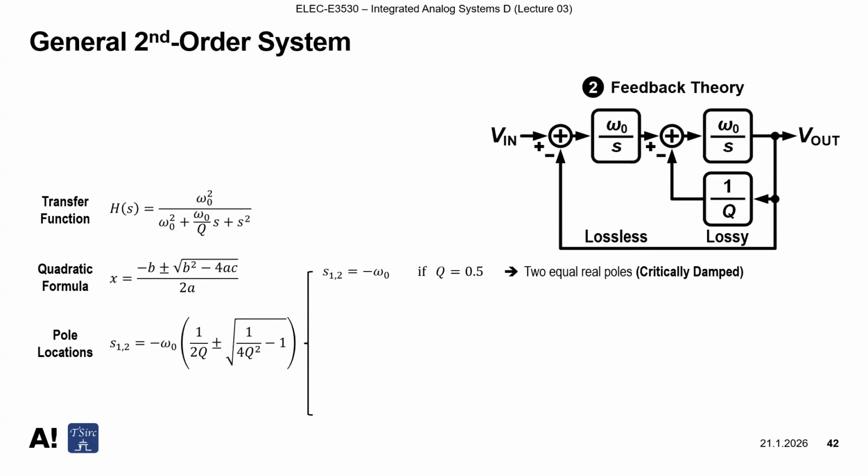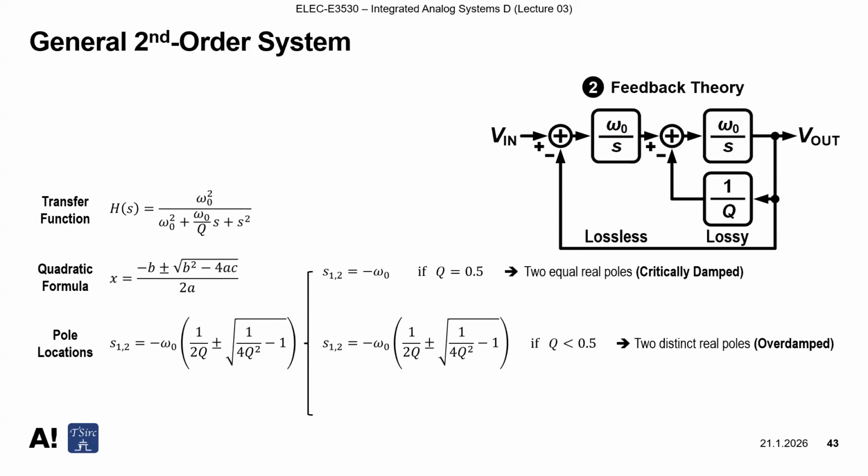That means pole locations 1 and 2 are exactly the same, equal to minus omega 0. So we call this two equal real poles, and this is the condition of critically damped. We will talk about it more later.